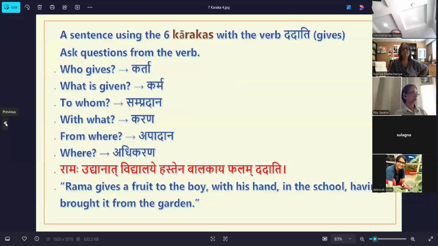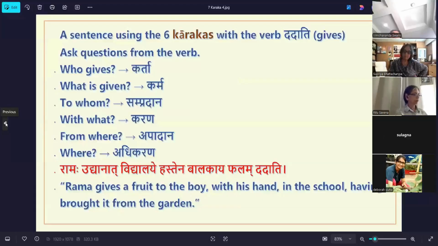Now for Krish, you tell the six. कर्षति कर्षतः कर्षन्ति कर्षसि कर्षथः कर्षथ कर्षामि कर्षावः कर्षामः.